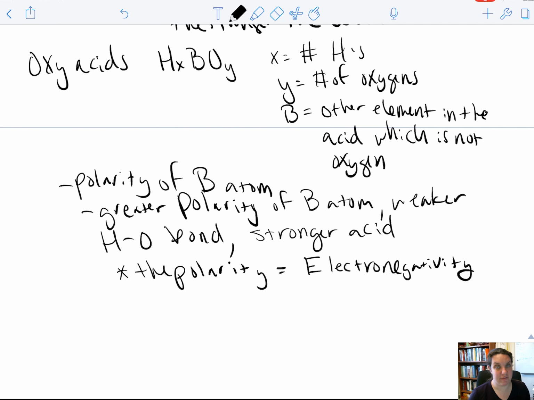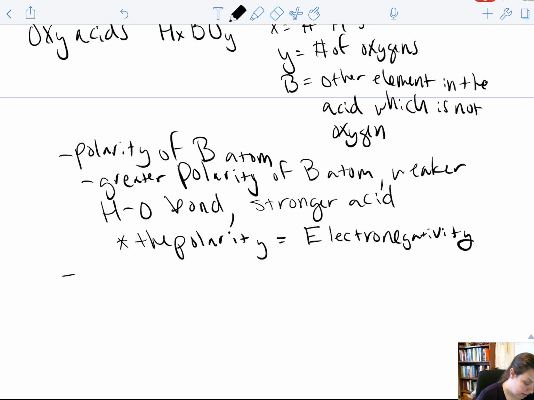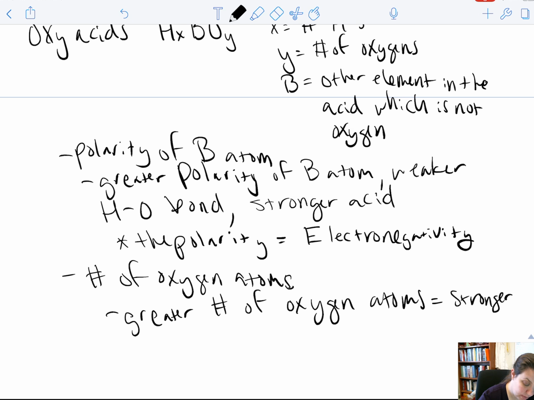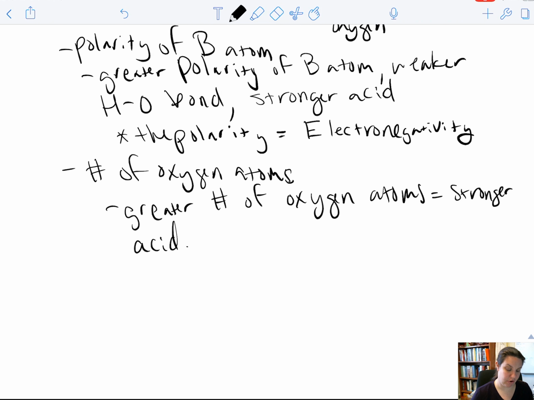So the greater the electronegativity of the B atom. And then we can also look at the number of oxygen atoms. Here, greater number of oxygen atoms, stronger acid. Okay, so a more electronegative B atom, a stronger acid, greater number of oxygen atoms, stronger acid.